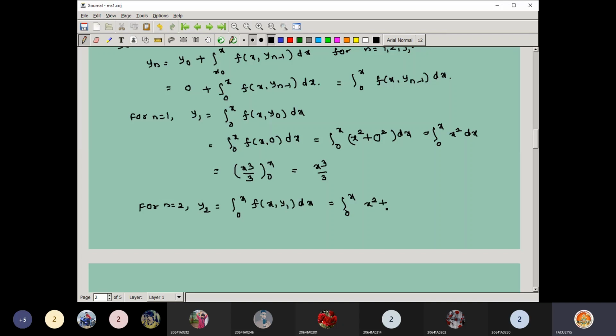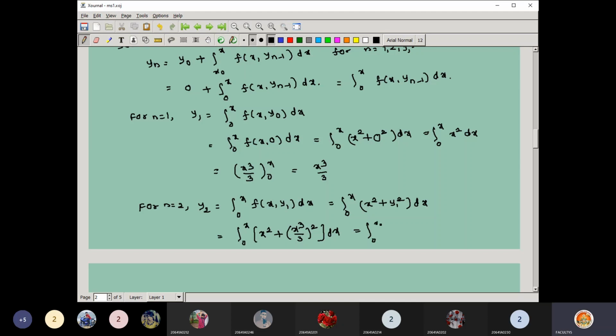It is x squared plus y squared, meaning y1 squared, dx. So I'm substituting x squared plus y1, which we have already calculated as x cubed by 3, and the square overall, dx.